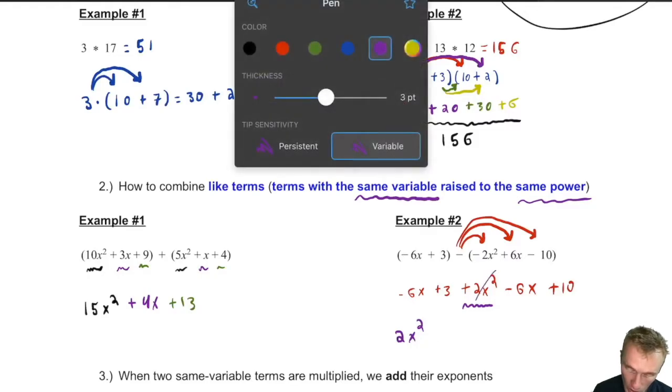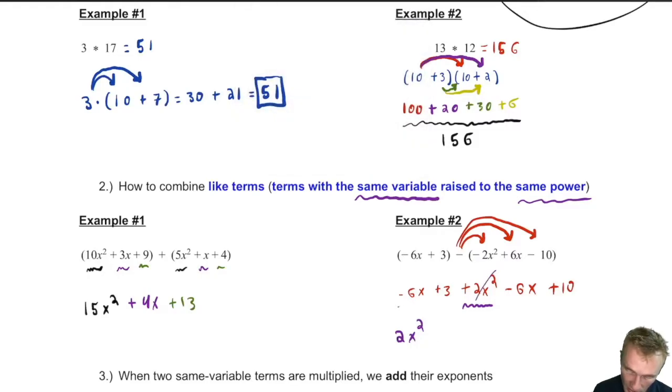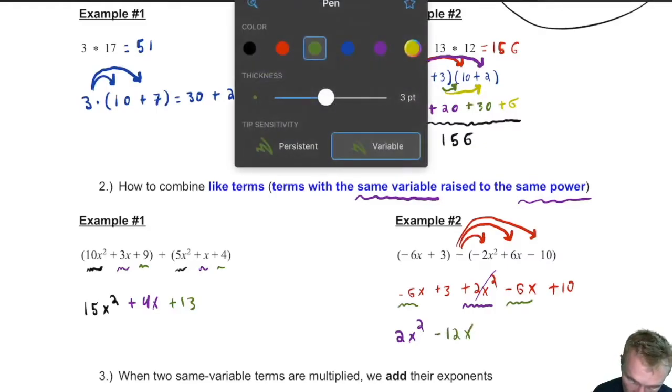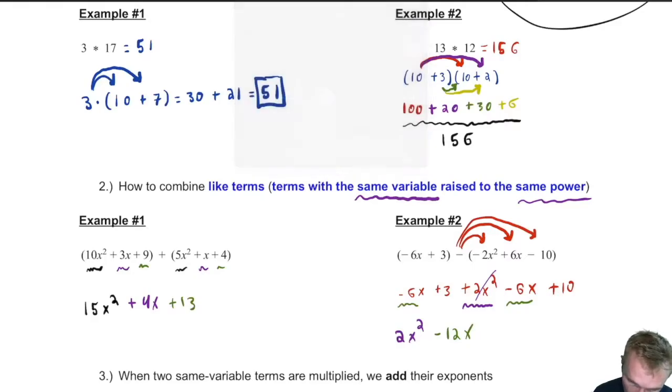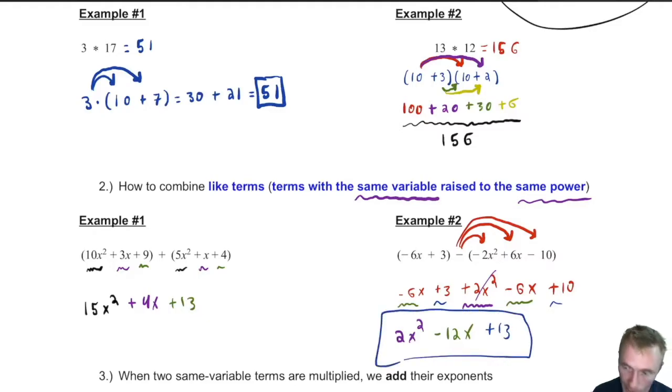Done. Then we go on to the x's: minus 6x and minus 6x. They're both negative, so negative 6 minus 6 would be negative 12x. And finally, let's do blue. If we had 3 and 10, those would make 13. So you've got to remember how to combine like terms there.